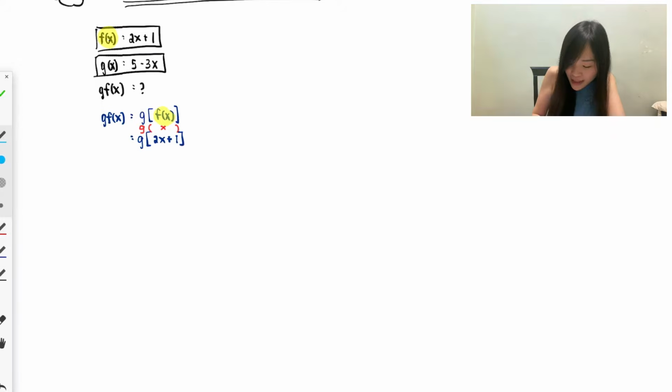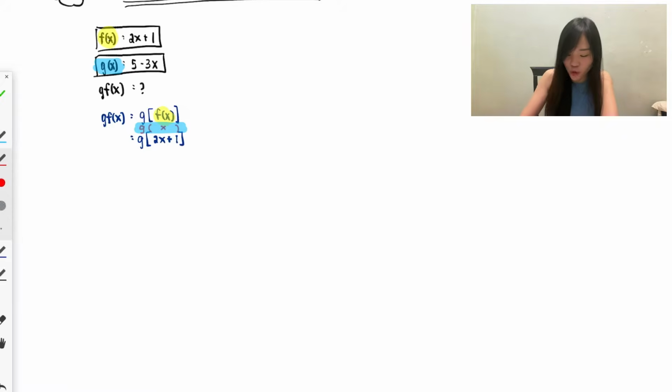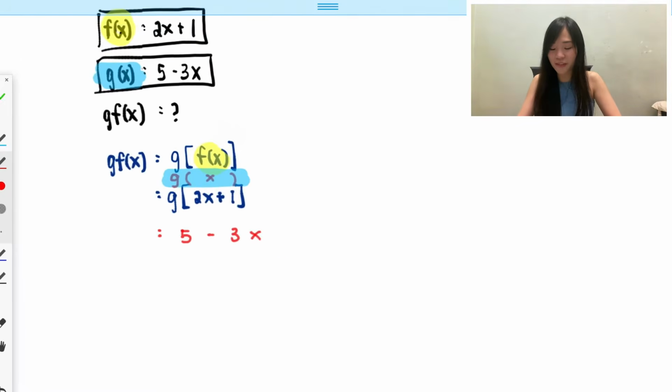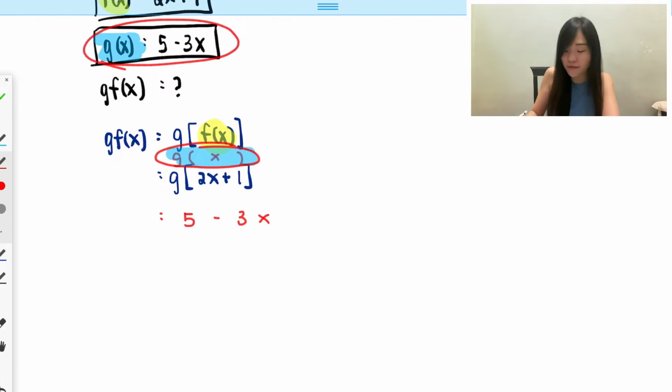Then the full of this we will actually call g(x), which is the one in blue. So the g(x) equation is 5 minus 3x. I need to purposely emphasize this again, just in case you didn't view my previous video. Guys, don't ask me, teacher, where the g went. The whole g(x) is actually 5 minus 3x. So the moment I write 5 minus 3x, it already represents g(x).